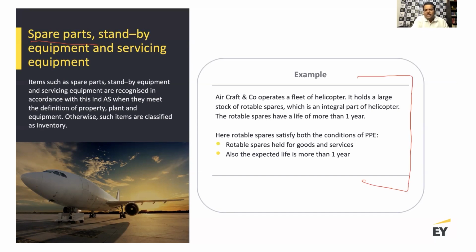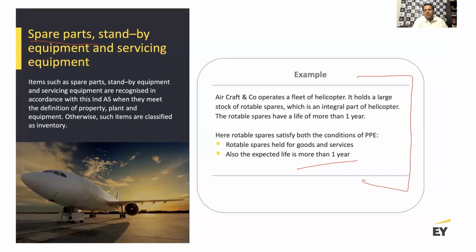Now, when you look at this example, there's this aircraft company that operates a fleet of helicopters. It holds a large stock of rotable spares, which is an integral part of the helicopter. The spares have a life of more than 1 year. Now, when you look at this definition, again, it meets the definition that is held for goods and services, and the life is again more than 1 year.